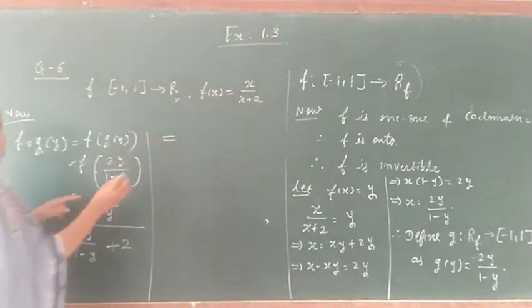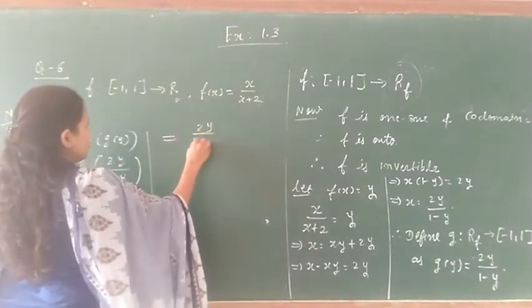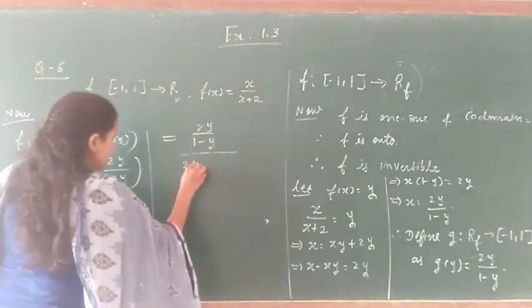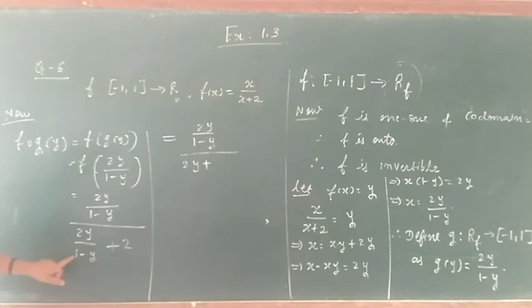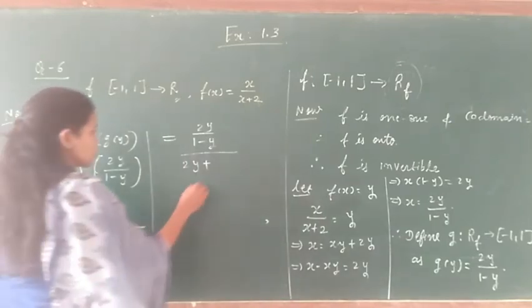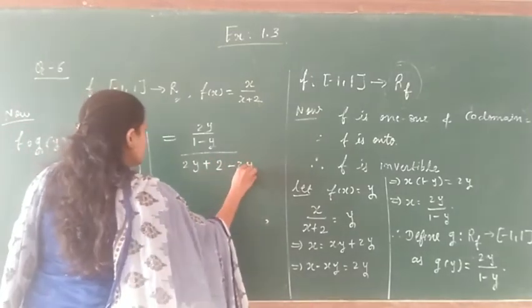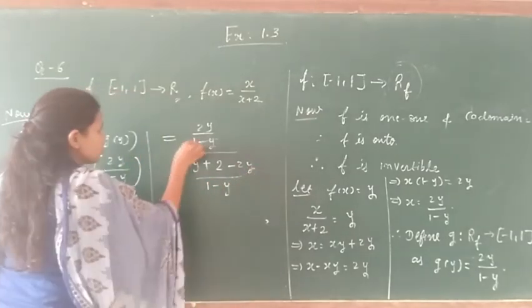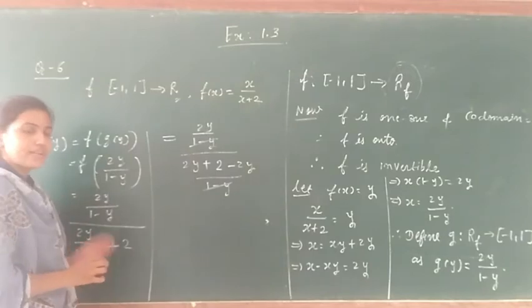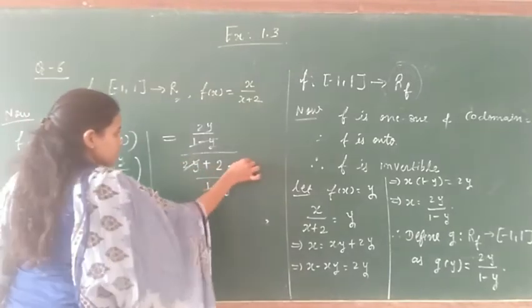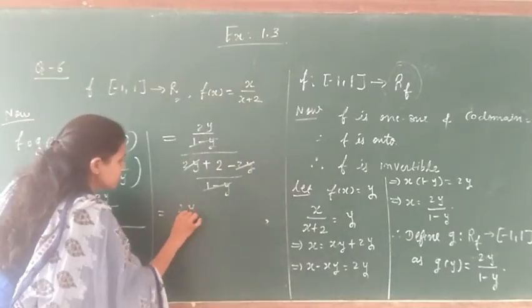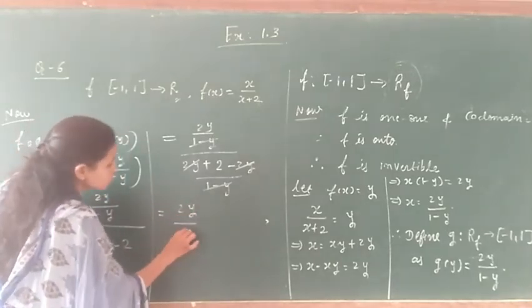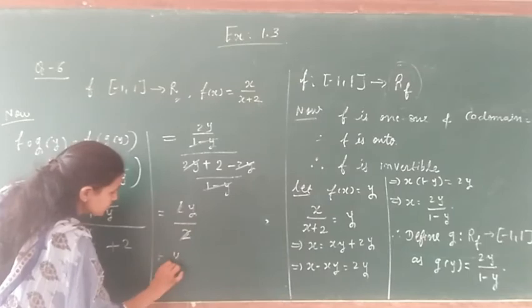That is equals to 2y upon 1 minus y, upon 2y plus 2 multiplied by 1 minus y, so this is 2 minus 2y upon 1 minus y. So 1 minus y and 1 minus y cancel. Here 2y and minus 2y cancel. So you are getting 2y upon 2, sorry, not y, this 2. Now 2 cancels, that means y.